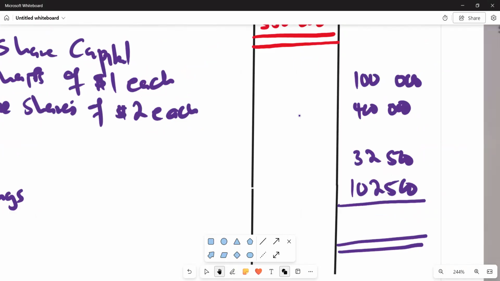Let's do those calculations and see what we get. 100,000 plus 400,000 gives 500,000, and then you add 32,500 and also 102,500.